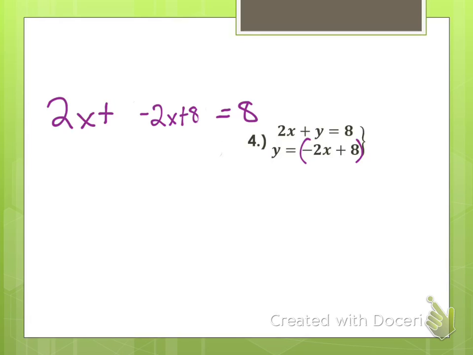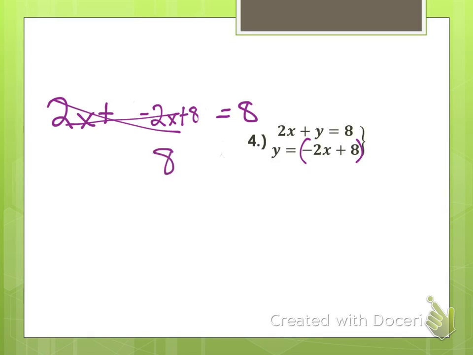If you have 2x plus a negative 2x, what does that give you? 0. So you can write it as 0x, but 0 times x is really just 0. Okay, so these just cancel each other out totally. They are gone.